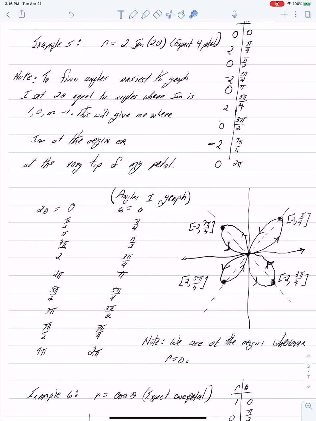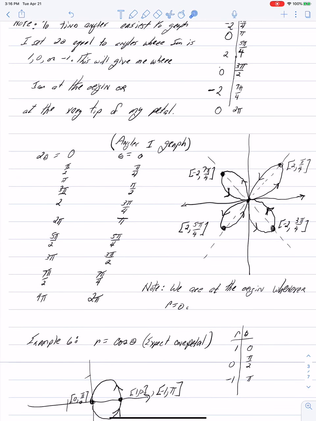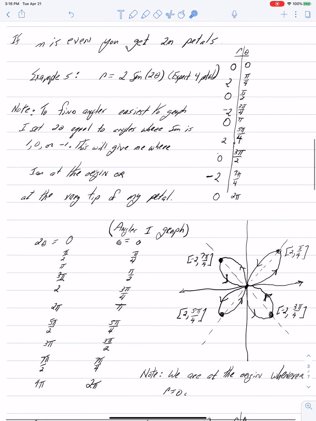Get it? And I keep going until I trace back to where I started. Okay, so that's how I get these angles, if you're curious. I set 2 theta equal to where the sine is highest, lowest, or 0.